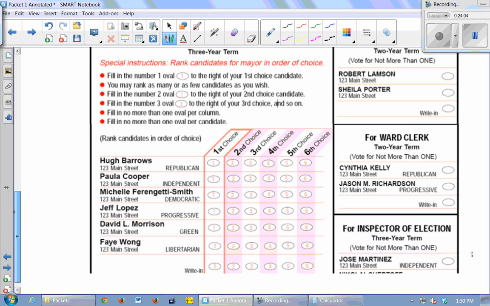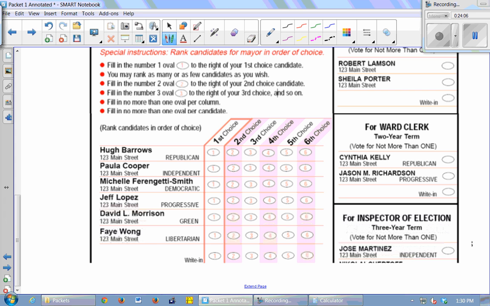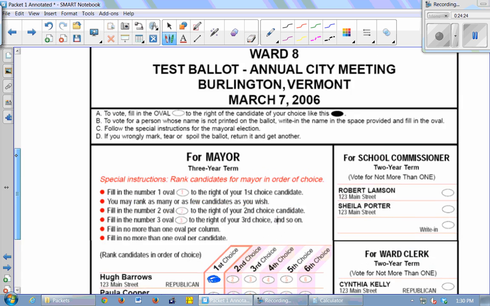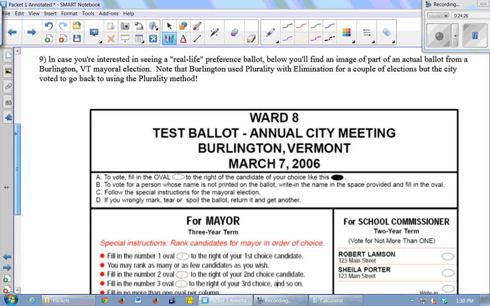So this is how they had it ranked. These were all the candidates, and you would put your first candidate, the one I like best, and this person second best, and you fill it out like that. So it would take all your preferences into account, and it used plurality with elimination.